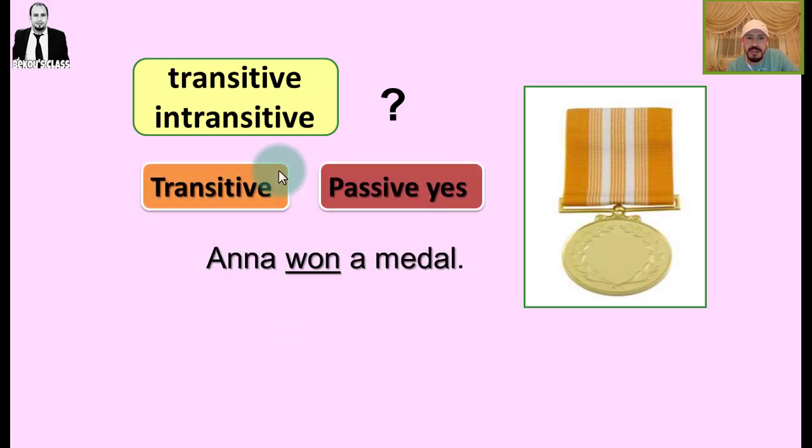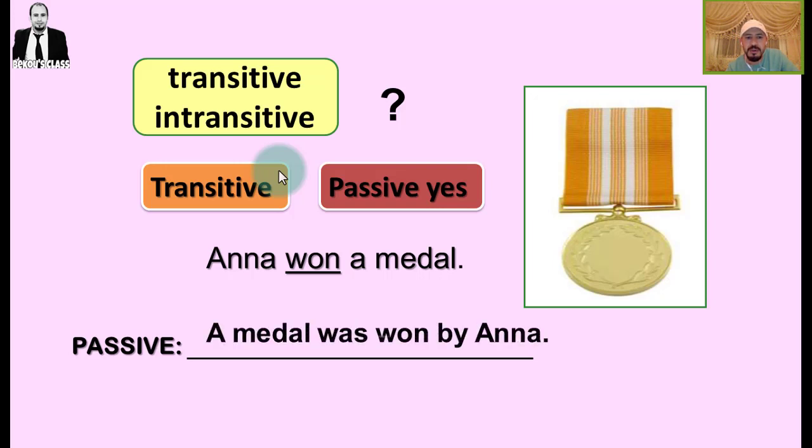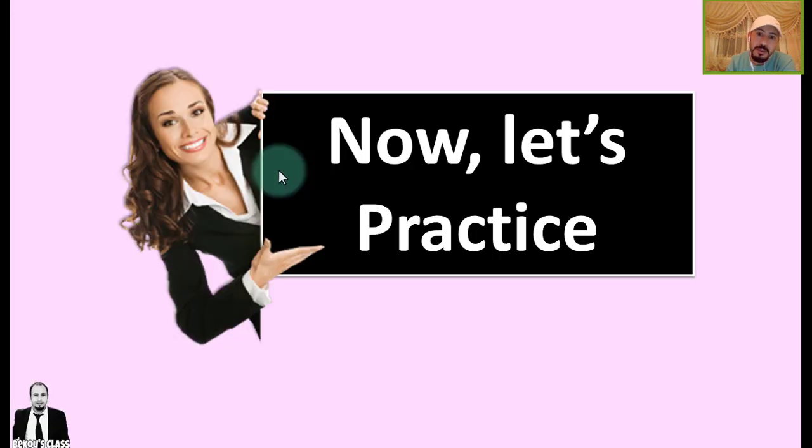So passive, yes, we can put this in the passive. So how can we put this in the passive? A medal was won by Anna. Okay, so I hope you understand the difference between transitive and intransitive verbs. Now let's do some practice.